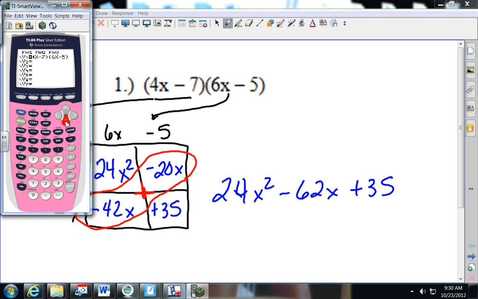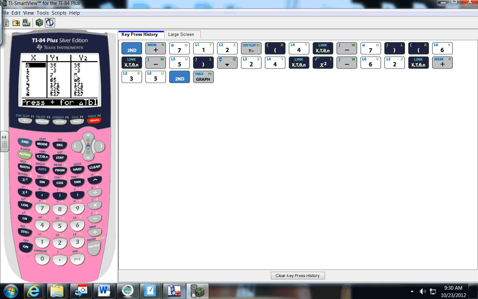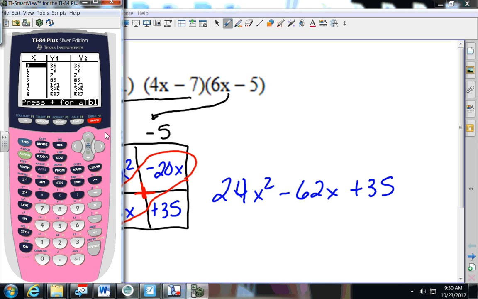I'm going to go into y2 and put what I think the answer is. 24x squared minus 62x plus 35. I'm going to press second graph. And you know if you're right, if y1 and y2, if these two columns are the same, then I know that I am correct.